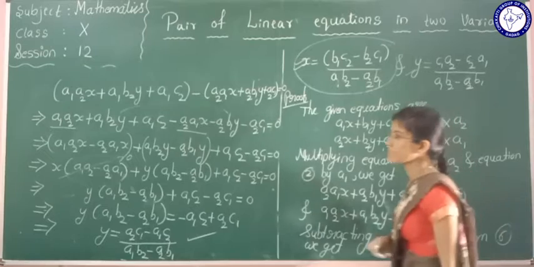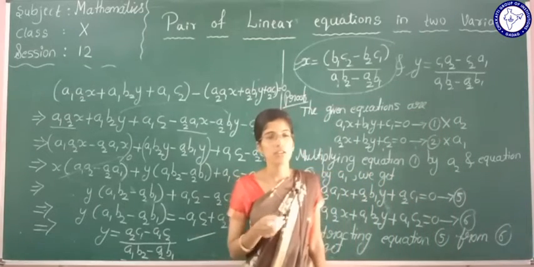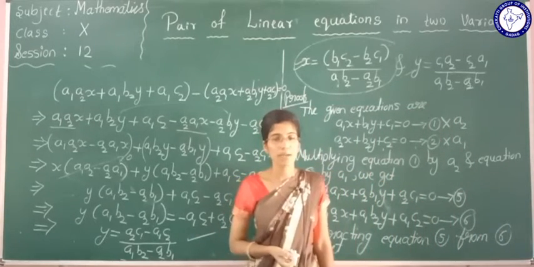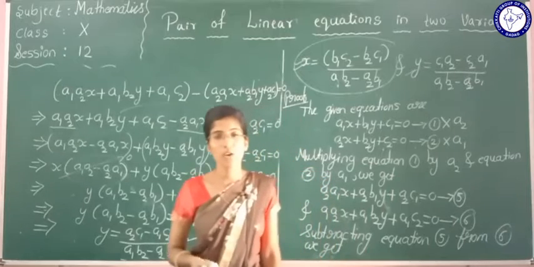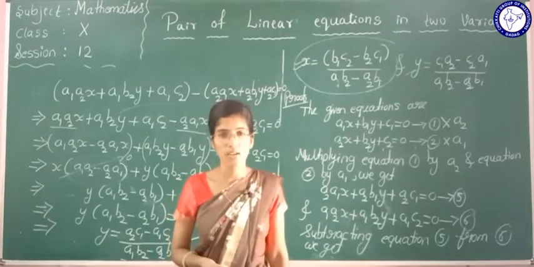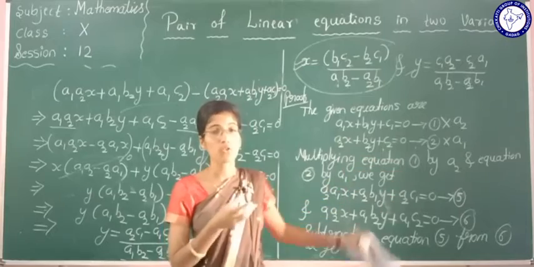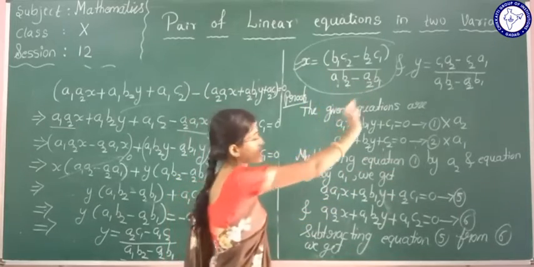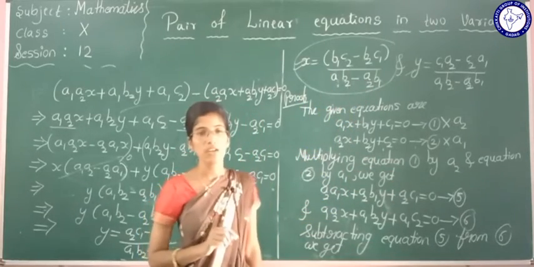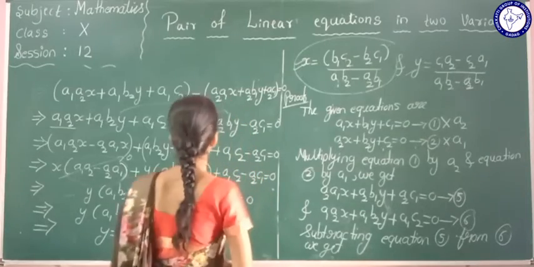Now see students, this is somewhat difficult to remember. Yes, here one trick is there, how to remember this formula, or we can tell rule, how to remember the solution of x and y. Here there is one trick. Okay, we will see that.